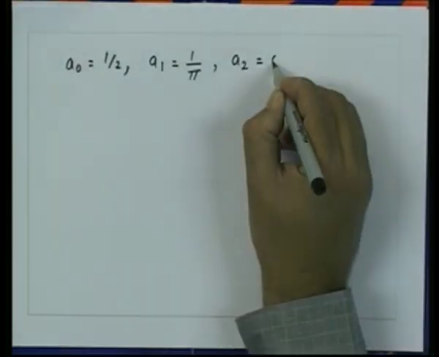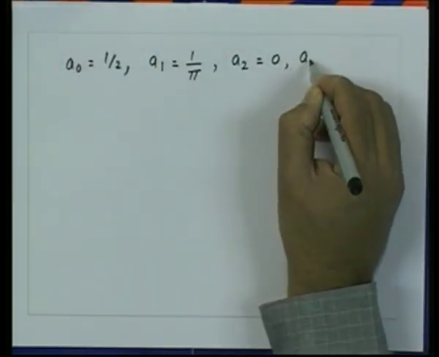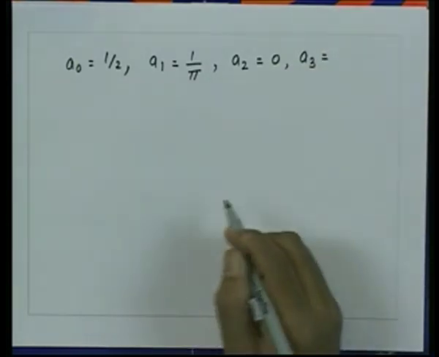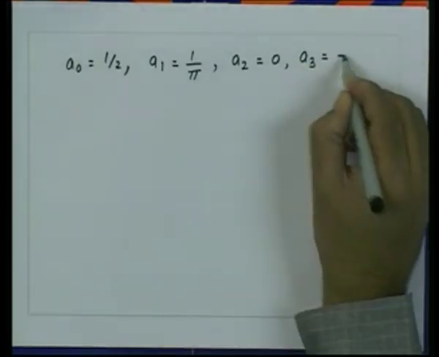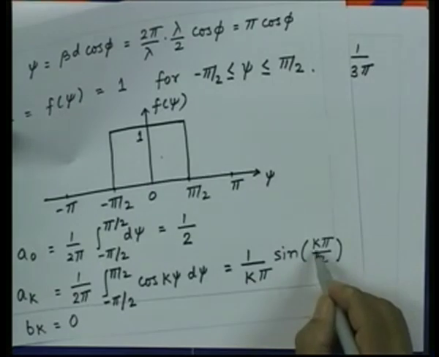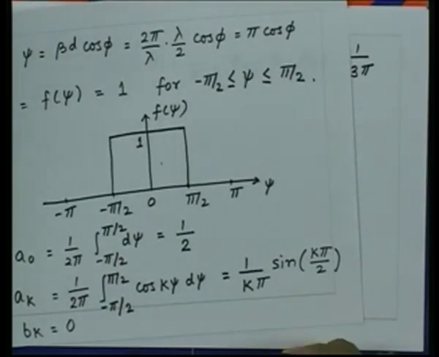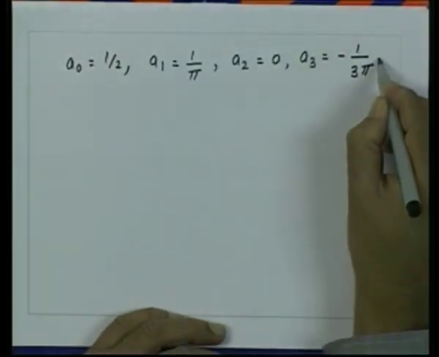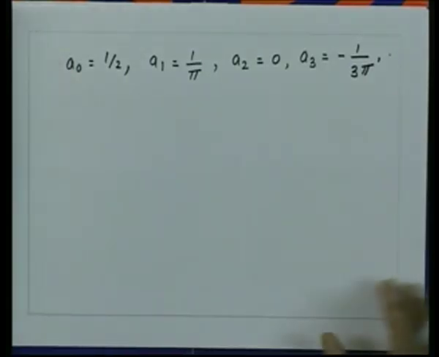So, a2 will be 0. a3 is equal to minus 1 upon 3 pi when I put k equal to 3, and so on. These are the coefficients which we essentially get.